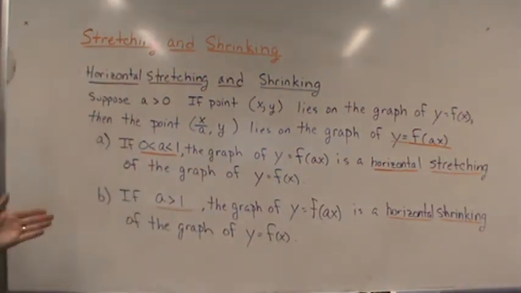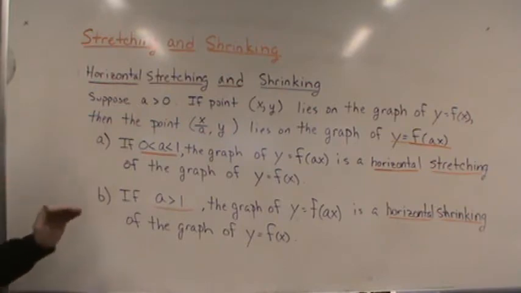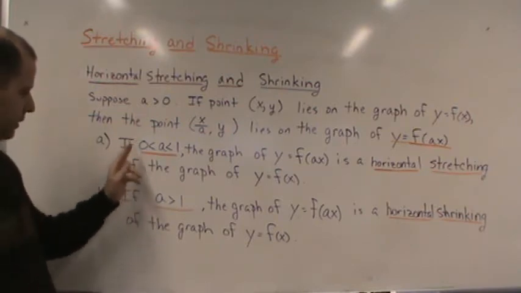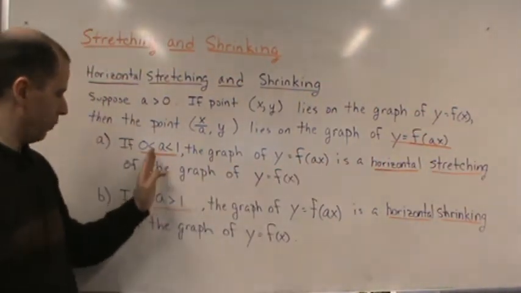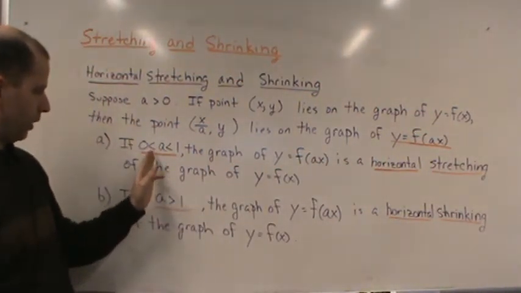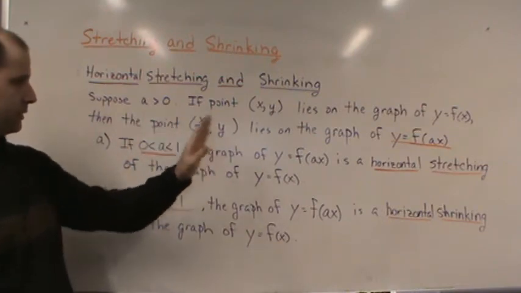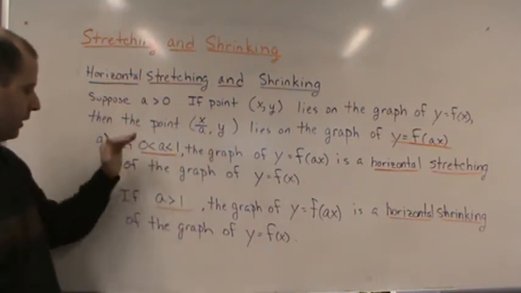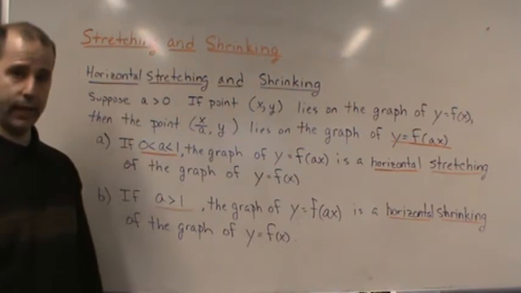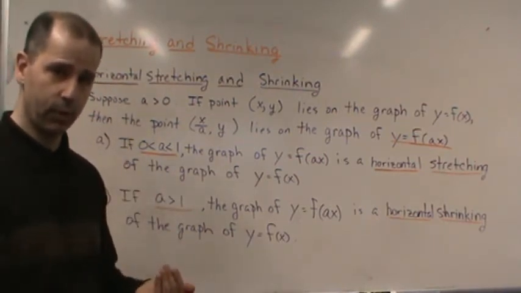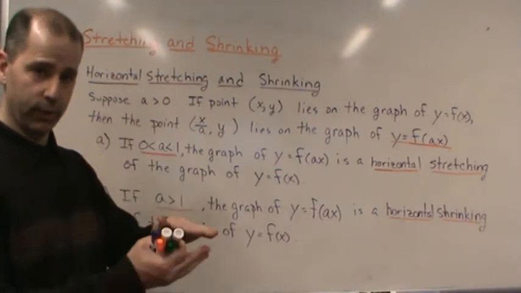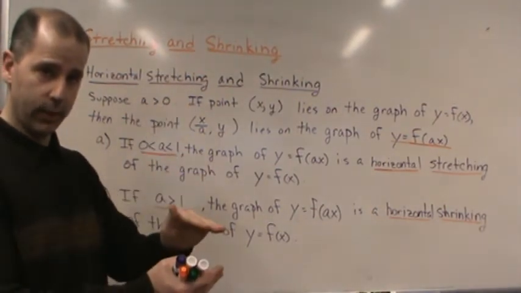Notice that it's a little bit opposite, because these are switched. Before, it was a vertical stretching when a was greater than 1, but a was outside the function. So just keep it straight: if you're multiplying outside the function by some real number, you're in the vertical direction, a vertical stretch or a vertical shrinking.